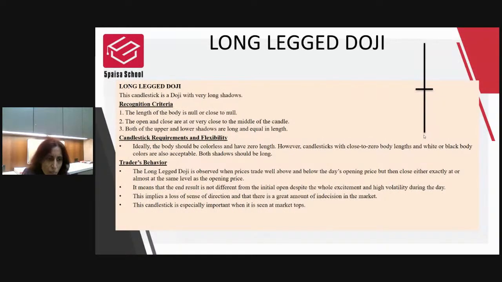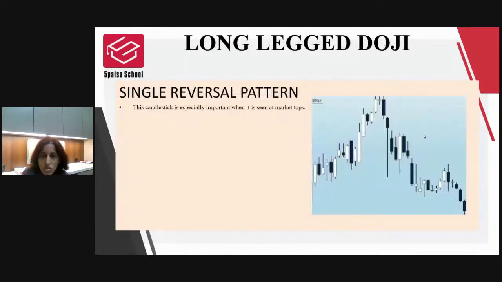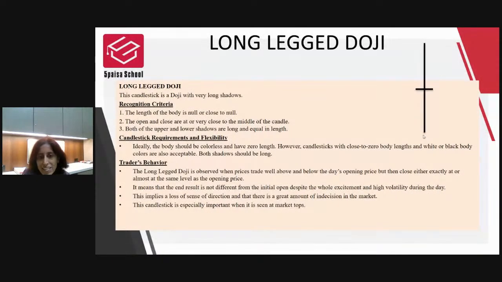This implies a loss of sense of direction and a great amount of indecisiveness existing in the market, right? And this kind of long-legged doji, whenever it is observed, is especially important when it is seen at the market tops.